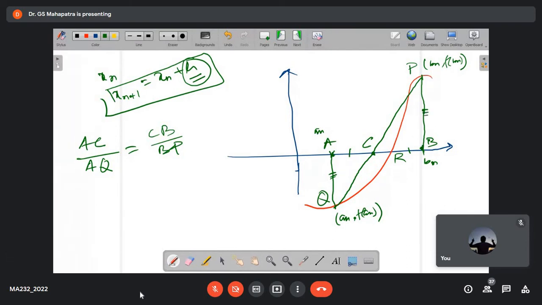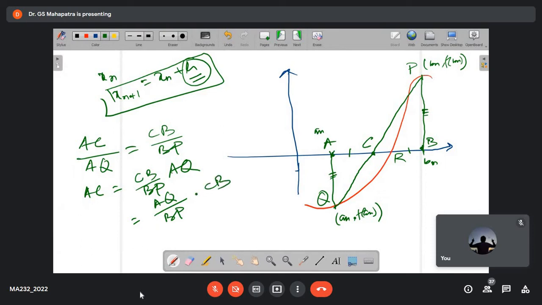Now you just check. Initially we were at A and now at C. So ultimately, what is the AC we have to find? AC equals to CB times AQ by BP, or AQ by BP into CB.